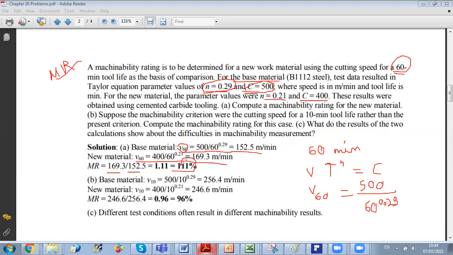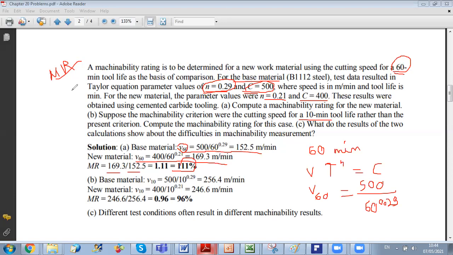Now, the machinability rating allows me to compare different materials, but the value of the MR will not be constant. It will depend on the tool life. If you take the same two materials but decide to compare based on a lifetime of 10 minutes, the comparison will be different.